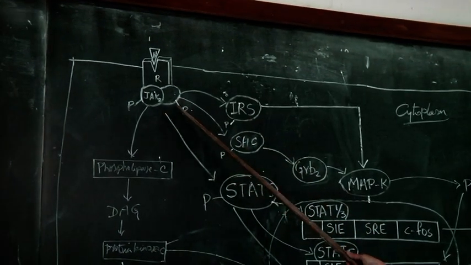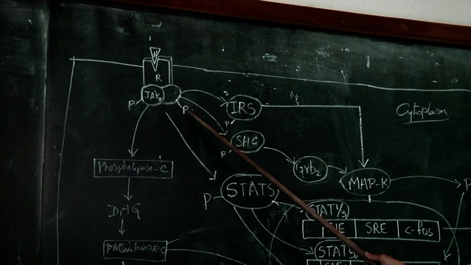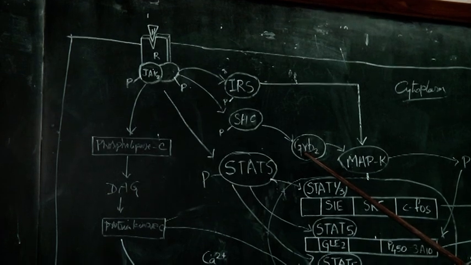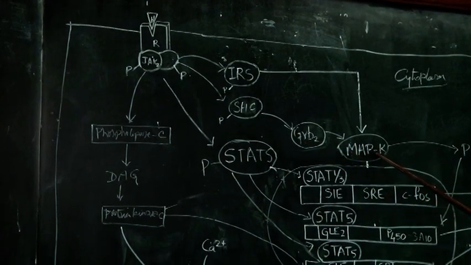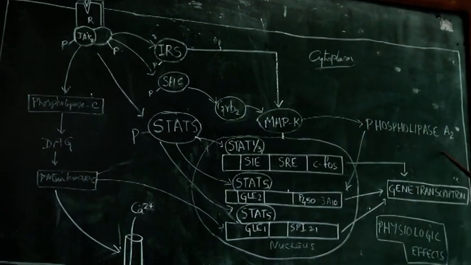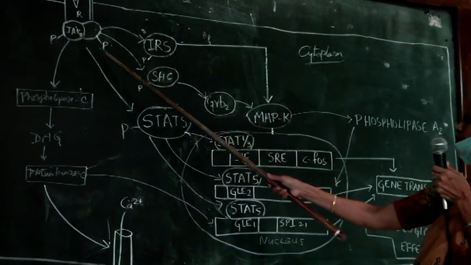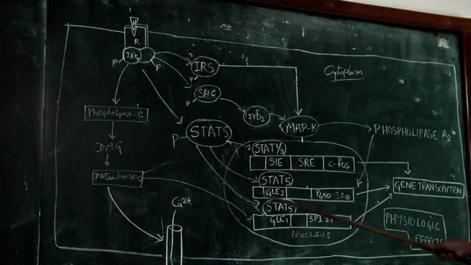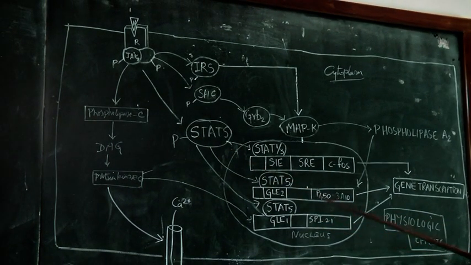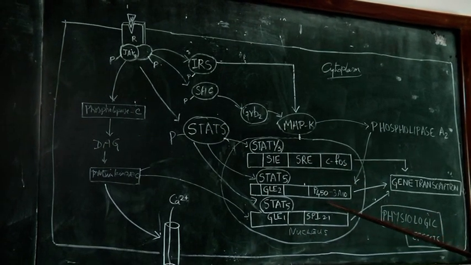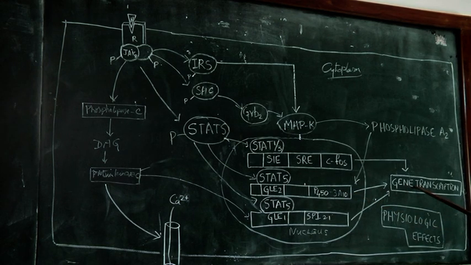Number one, it phosphorylates the SHC and GRB intracellular proteins, and activates the MAP kinase and results in phospholipase A2. And then it also phosphorylates the STATs, and these reach the nucleus of the cell, and various reactions will occur in the nucleus, and that finally results in the gene transcription.